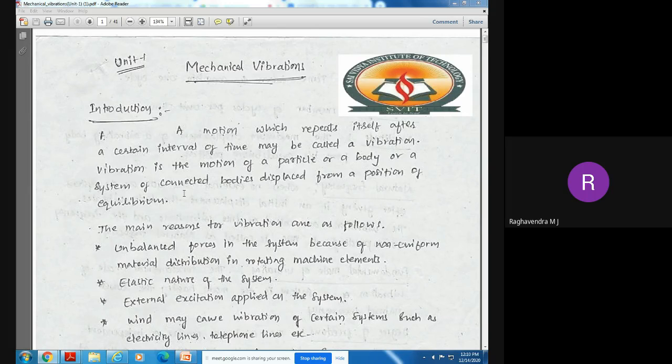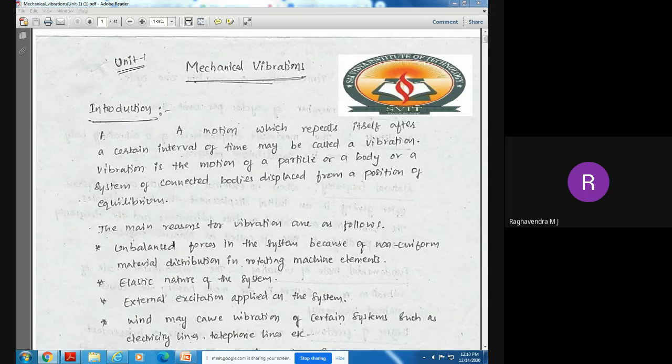It will vibrate. For example, a tuning fork: you hit it and the tuning fork will vibrate. That is, we apply some external agency in order to make the tuning fork vibrate.